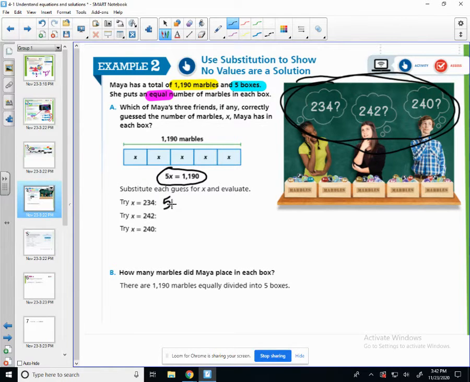So what is 5 times 234? What is 5 times 242? What is 5 times 240? Are any of these correct?